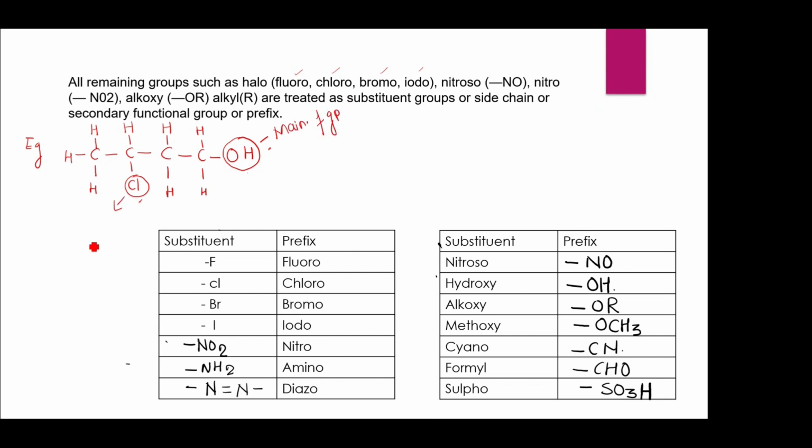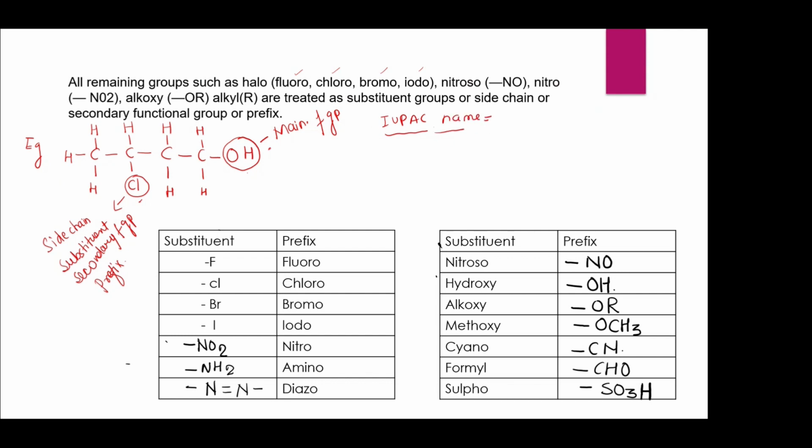This will act as a main functional group and this will act as a side chain, or you can say as a substituent, or it is also known as secondary functional group, or you can also say it as a prefix. Now let's see the IUPAC name of this compound.